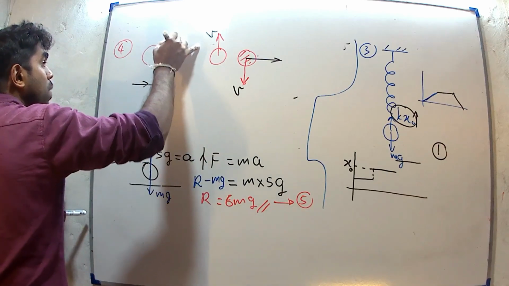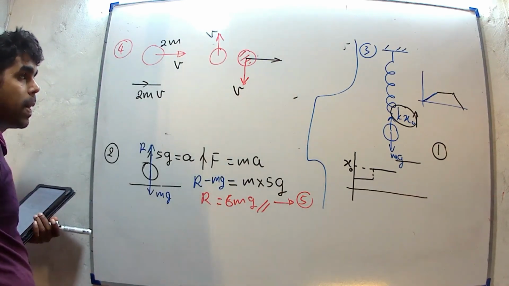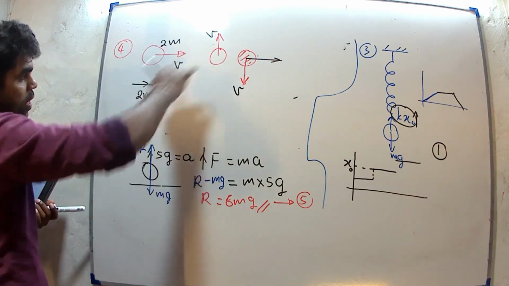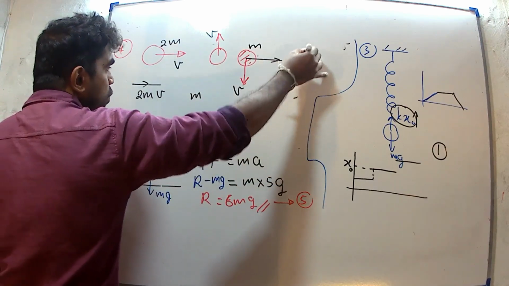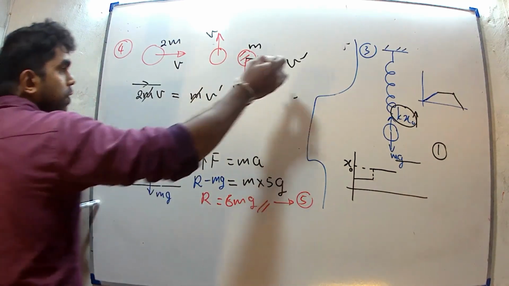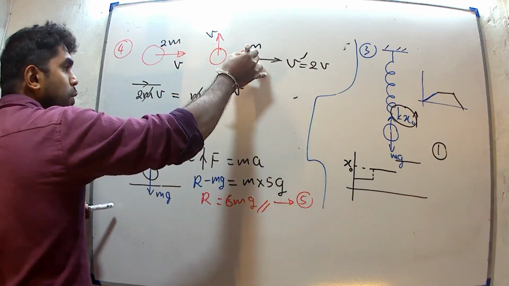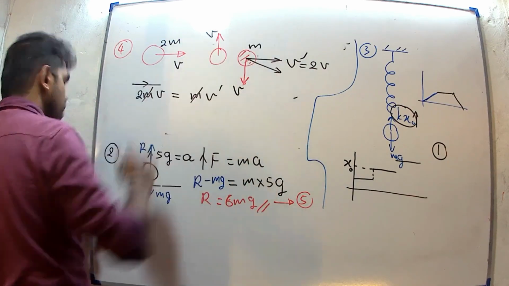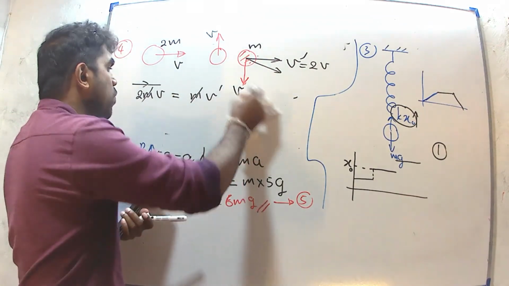If the mass is 2m before the collision, 2mv is the momentum in this direction. For this part, mass m, we have to find the v dash velocity. Now you can get v dash velocity is 2v. It is greater than this one. Therefore, the resultant should be near to the x-axis. Then the answer should be 2 for question number 4.